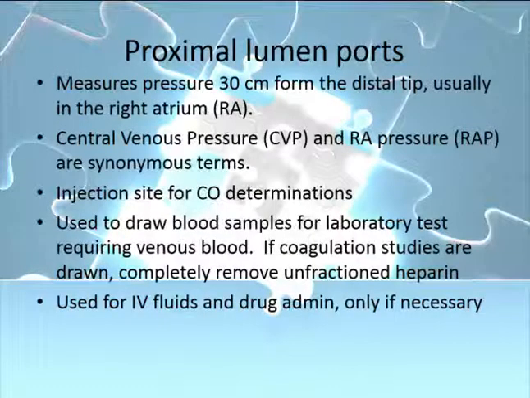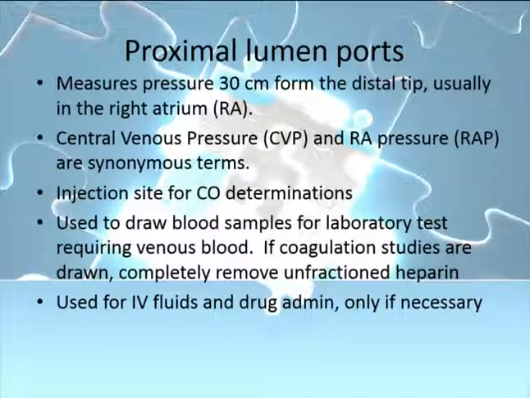Your proximal lumen measures pressure 30 centimeters from the distal tip, so it's back from it. It's usually sitting in the right atrium. It measures your CVP and right atrial pressure, and these words are actually synonymous terms.